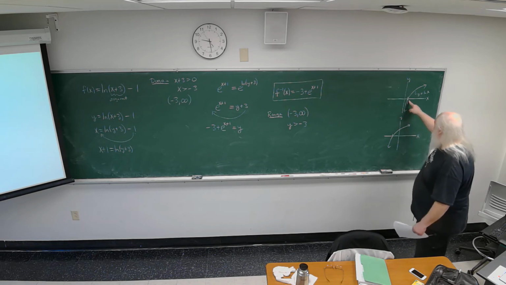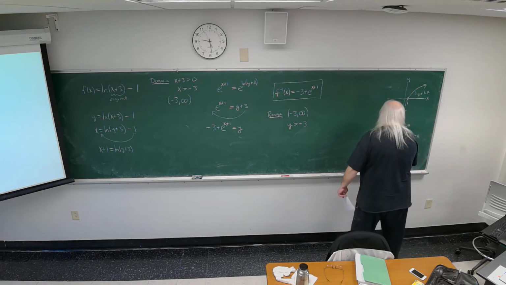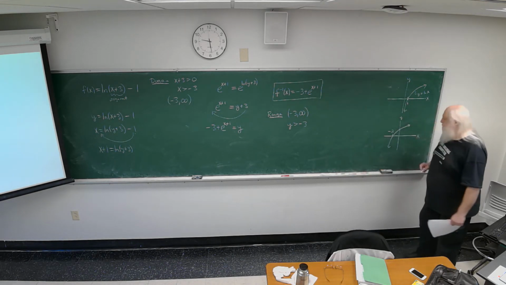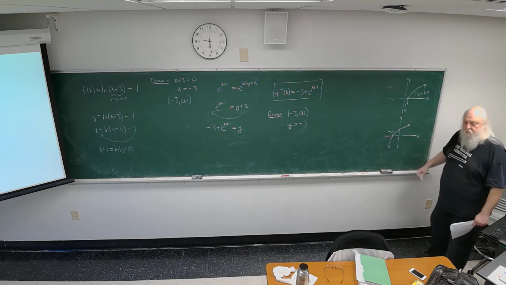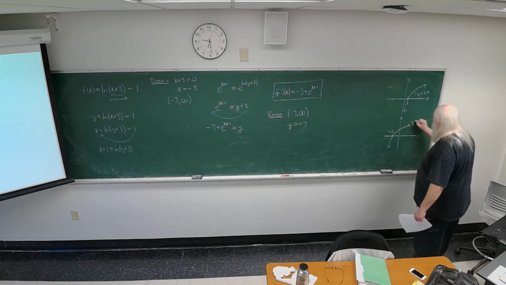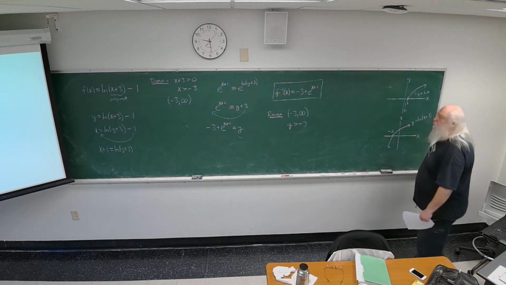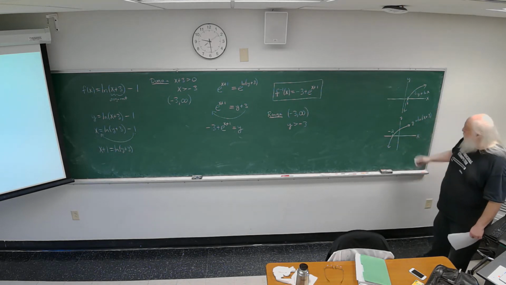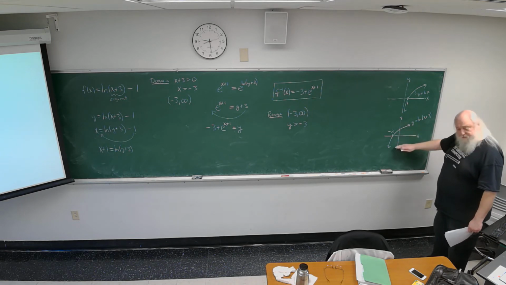Instead of the graph crossing at x equals 1, it now crosses at x equals minus 2. It shifted to the left. So this is y equals the natural log of x plus 3. And then when we subtract 1, it just shifts the graph down 1 unit.